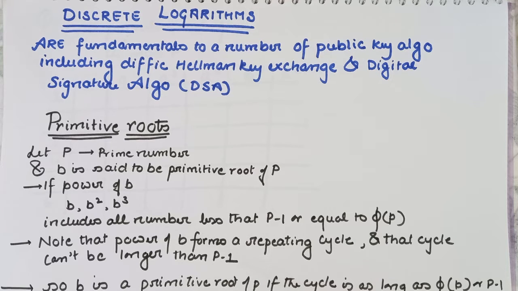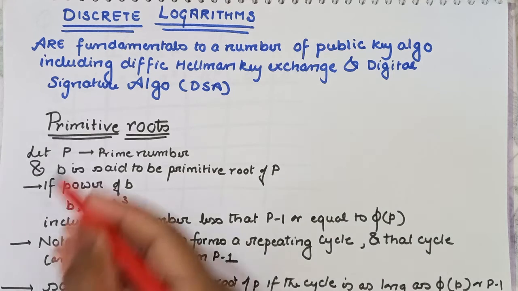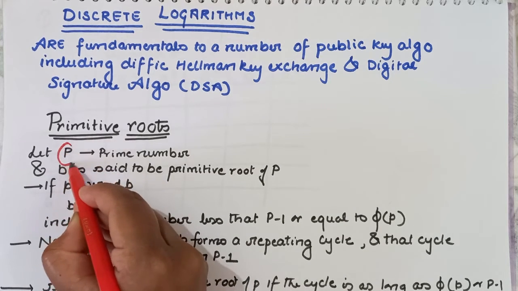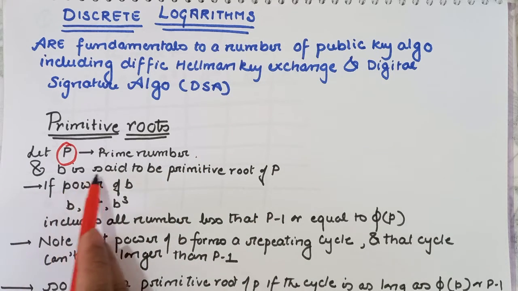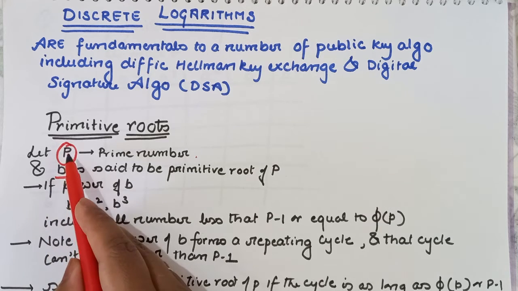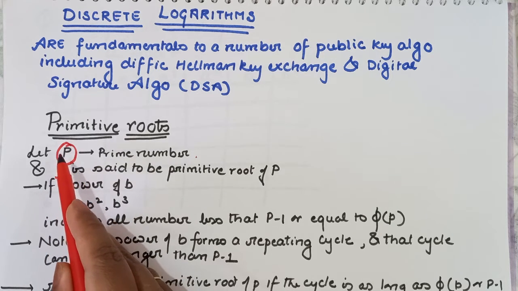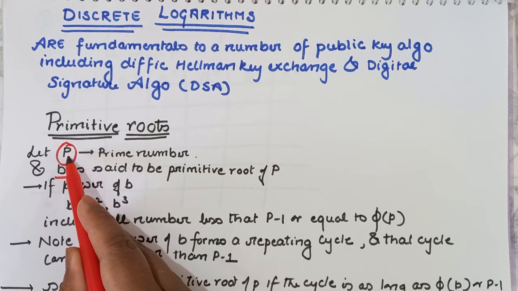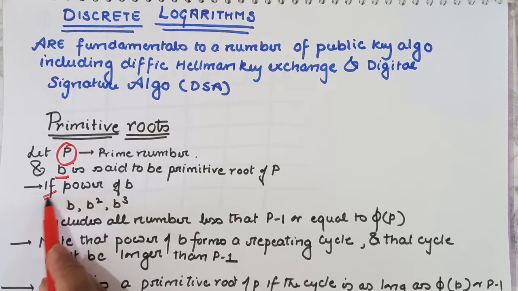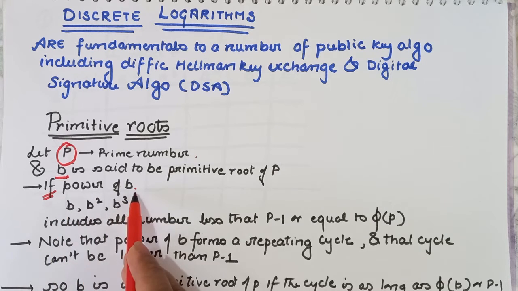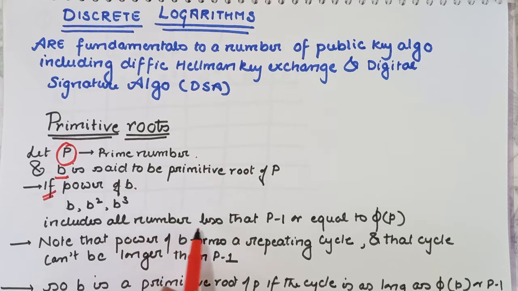To understand primitive roots, let us first understand that we are going to take a value p, which is a prime number, and small b is said to be a primitive root of p if there's a condition: if the powers of b, that is b to the power 1, b to the power 2, b to the power 3, include all the numbers that are less than the prime number p, up to p minus 1.